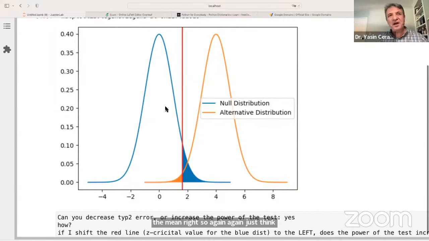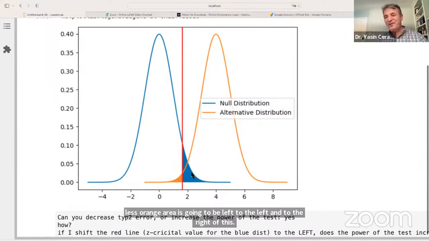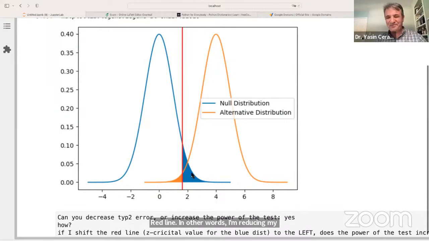If my sigma is small, then this curve, this bell shape, is going to be squeezed inside. When it is squeezed inside, less blue area and less orange area is going to be left to the left and to the right of this red line. In other words, I'm reducing my type 1 and type 2 error rate again, right?